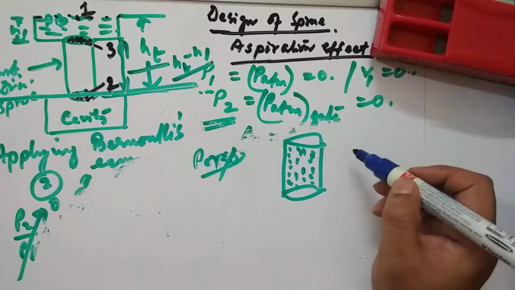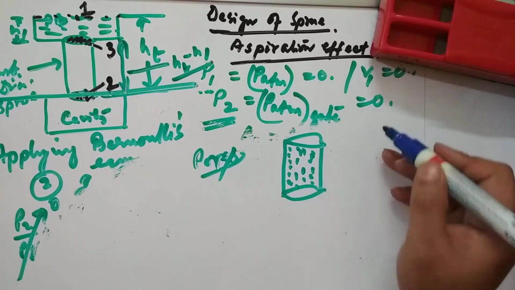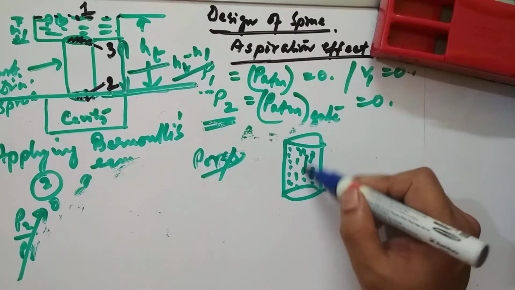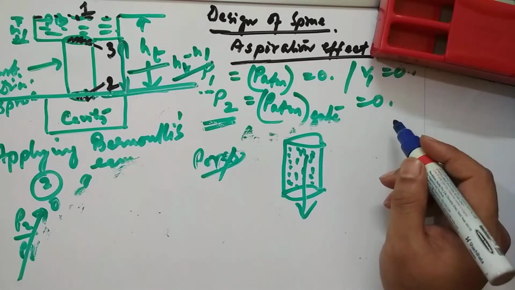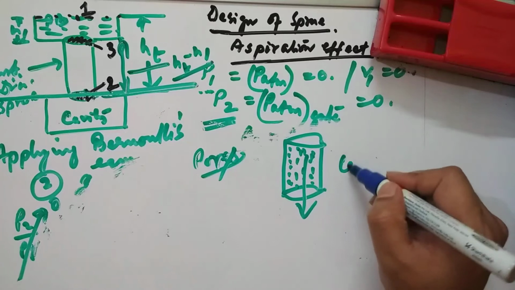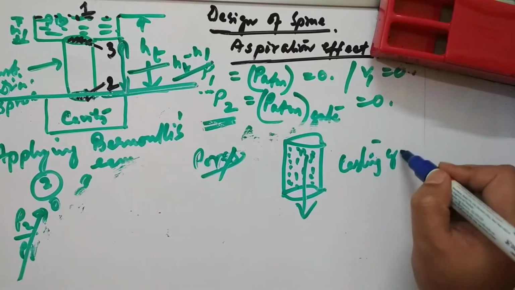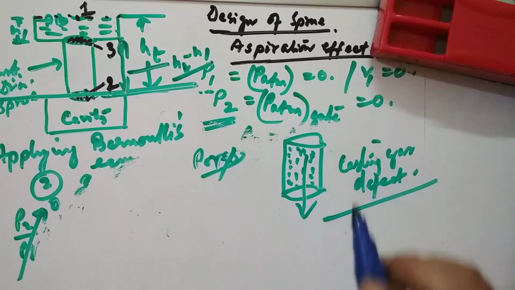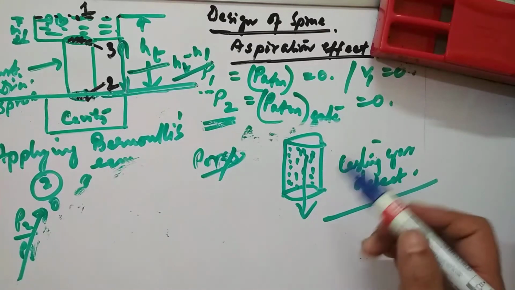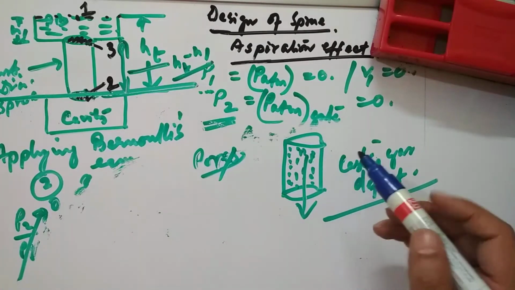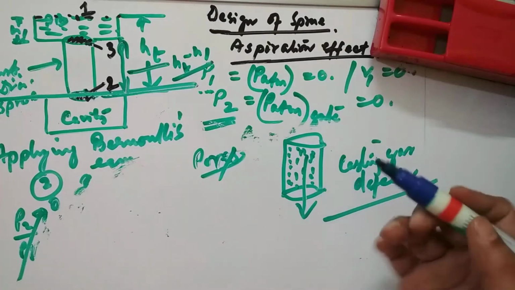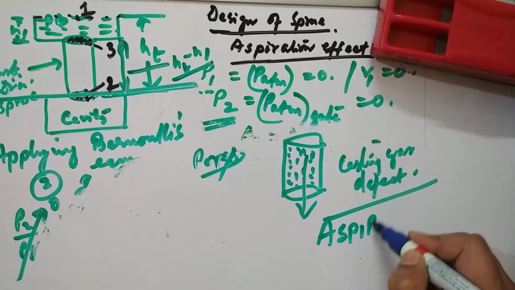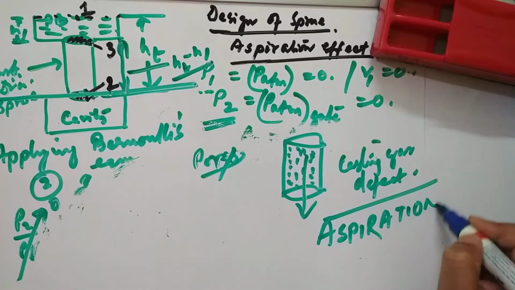Now if air gets mixed with this molten metal, it will pass on to the mold cavity and will cause a casting gas defect. This casting gas defect, due to the presence of air in the casting, is known as aspiration effect.